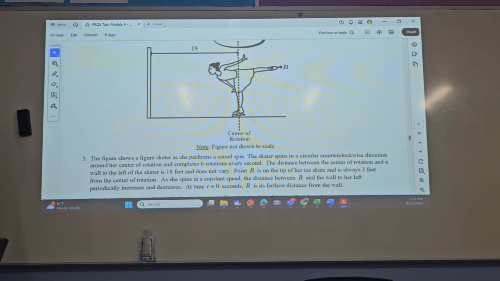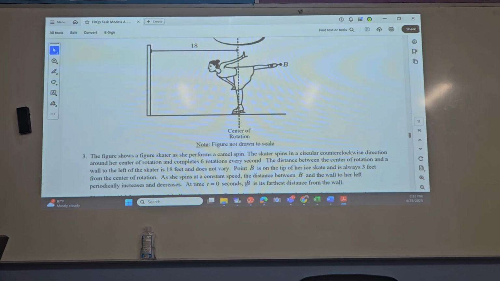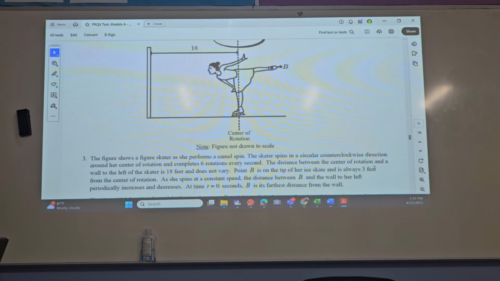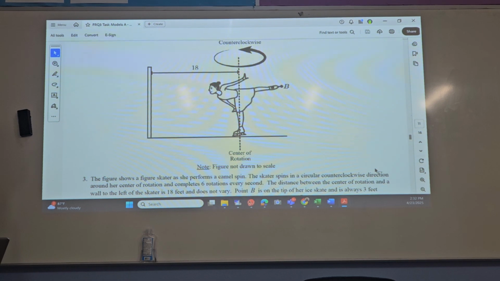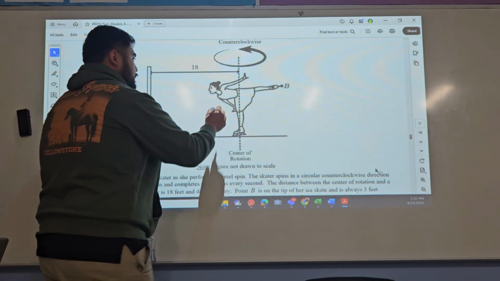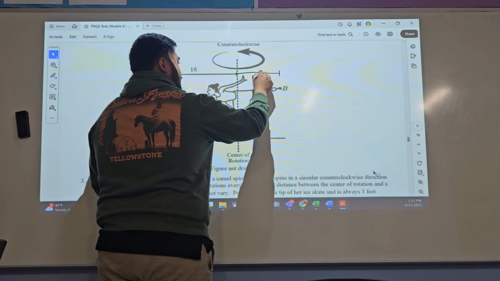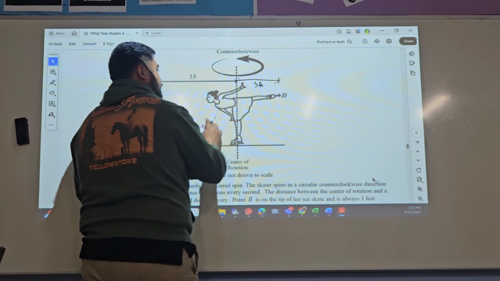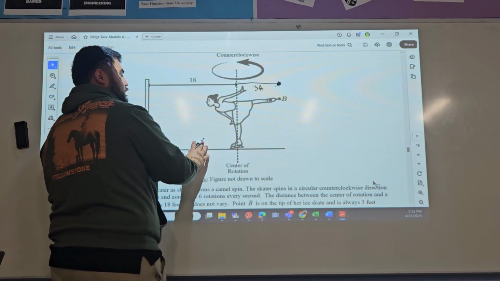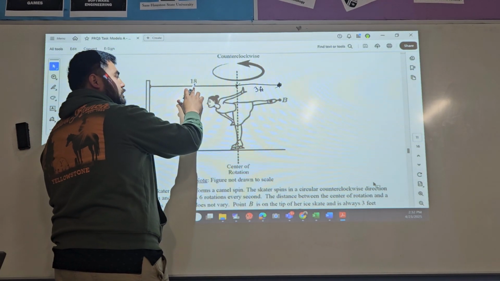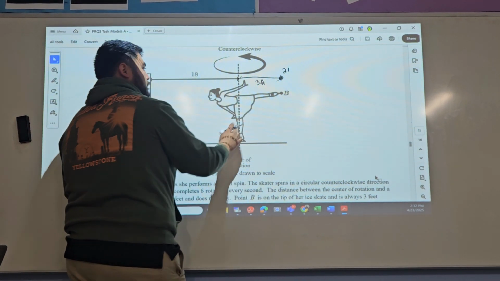But they also give me a piece of information that point B is always 3 feet from the center of rotation. So we include that, we have our two numbers. From the center of rotation all the way to point B is 3 feet. But what I want is this point right here, all the way to the end. So all I have to do is add 18 plus 3, and I get 21.